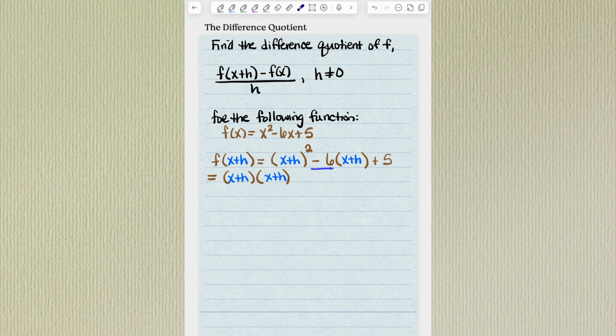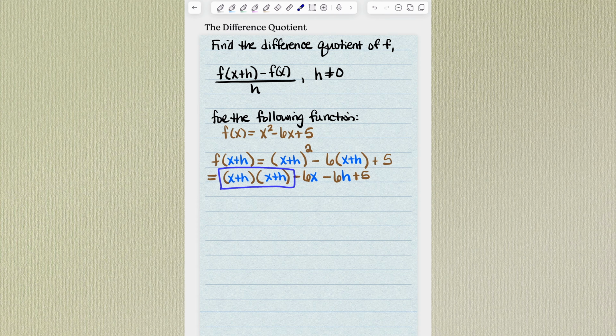Okay, we're going to keep the minus with the 6. And we're going to do the distributive property like that. So that becomes minus 6x minus 6h plus 5. If it helps for you to see the color, I don't mind keeping the color so you can see that we took the 6 times everything.